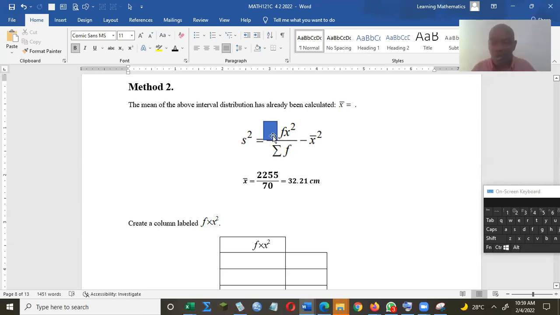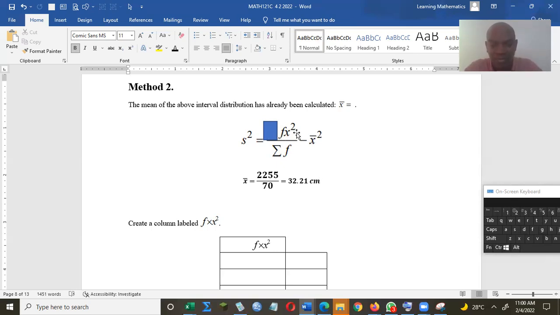Sigma just means to sum. That's all sigma means to do, sum. And normally you'll have to do that last. Please bear that in mind. Okay, so we have to find this fx squared. And how? Create a table, because one of the most effective ways of dealing with numbers, to sum them up, is to list them in a table, and then you can sum them up.